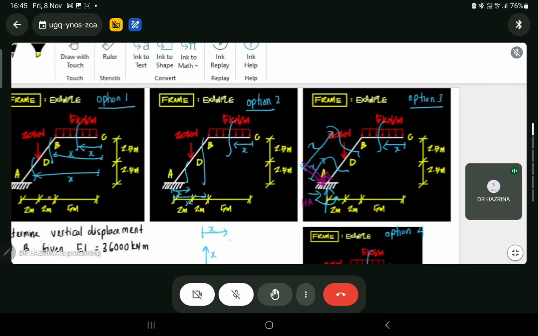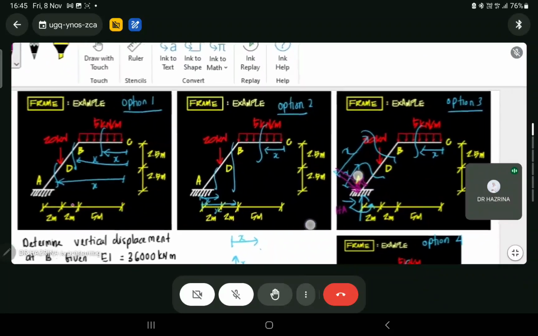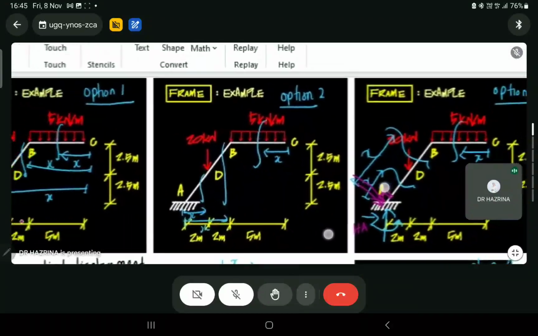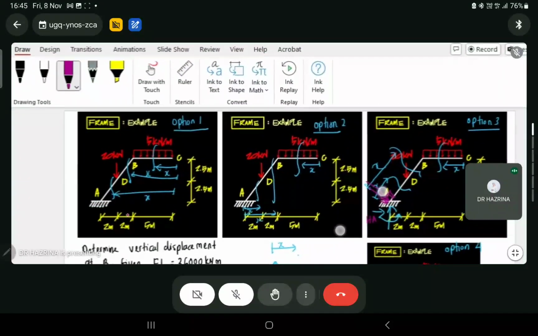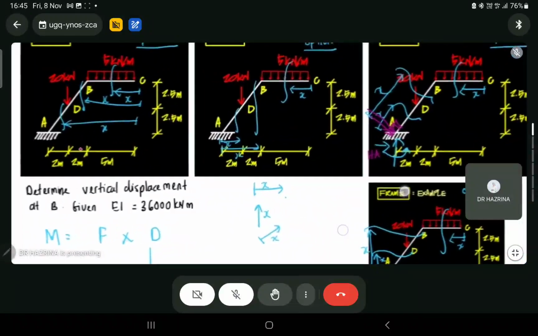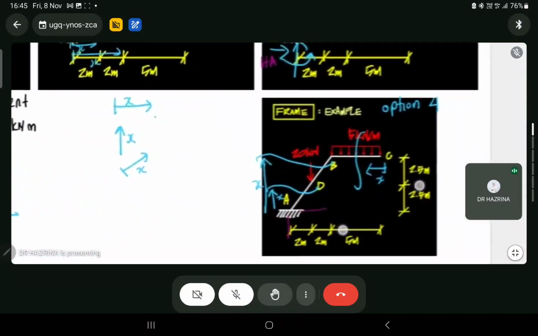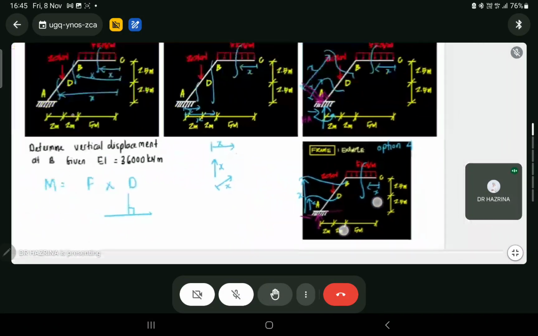And while you go for option 2, okay, option 2 is also good option. But in this particular case, your X, so you need to measure you punya macam ni. You kena kira you punya horizontal.